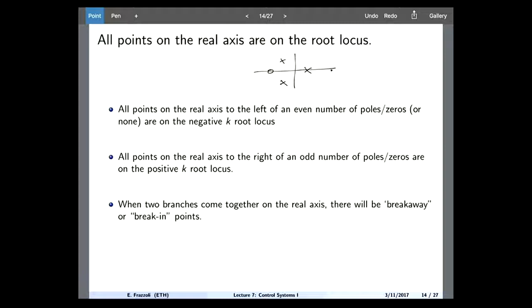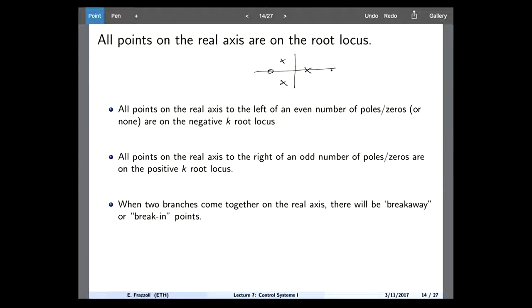This will be negative 10 degrees. So you see that the sum of all those angles at this point is actually 0. So would this point be on the root locus for some value of K? Yes. Would this value of K be positive or negative? This is actually a negative K, negative gain root locus.